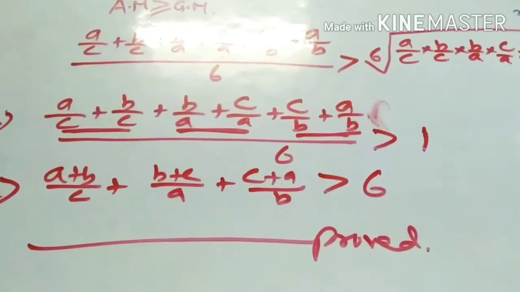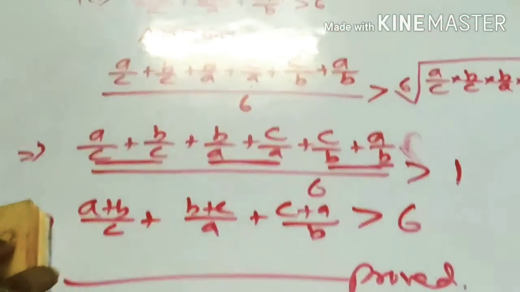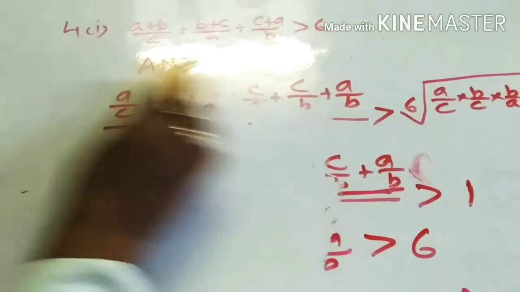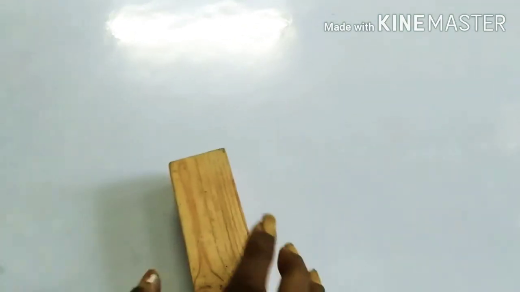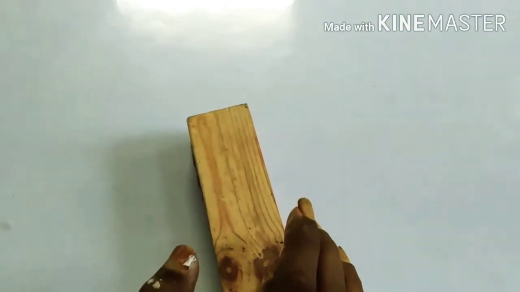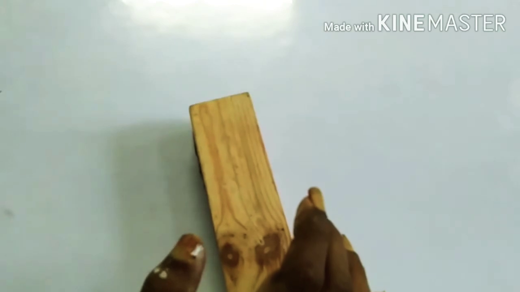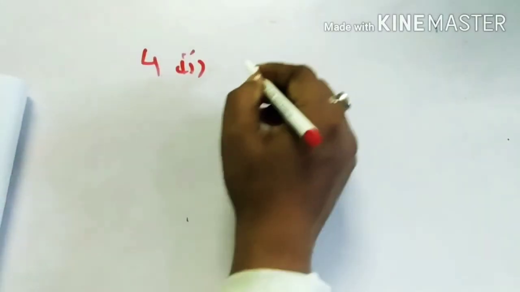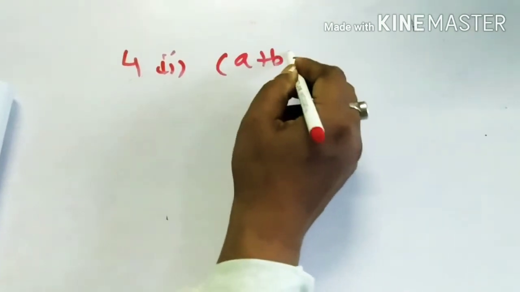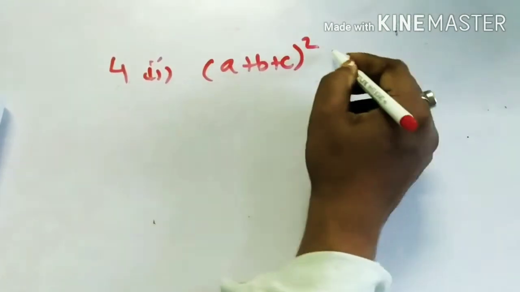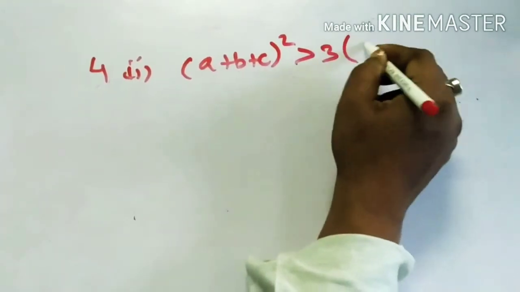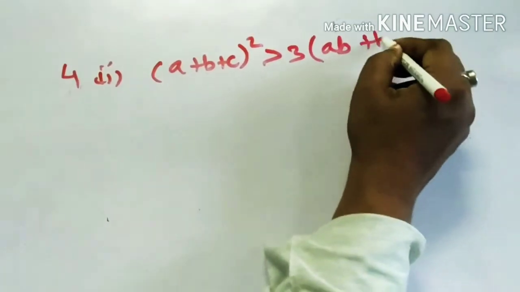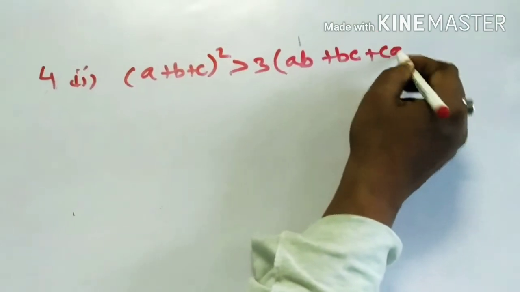Now I am going to another question. So now question number 2. We have to prove that A plus B plus C the whole square is greater than 3 times AB plus BC plus CA.